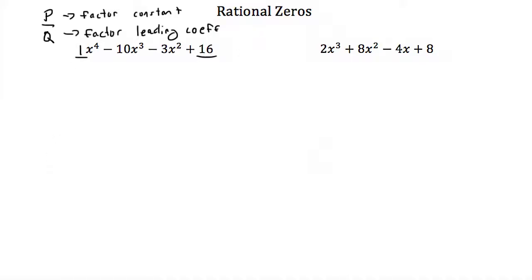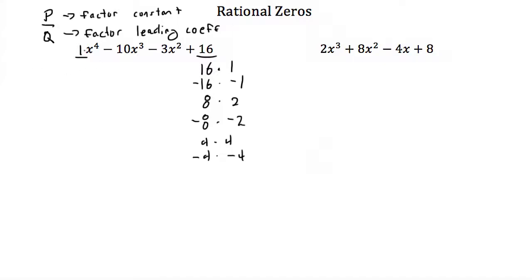Well, 16, we can get 16 by multiplying 16 times 1, or negative 16 times a negative 1. We can also get it by multiplying 8 times 2, or negative 8 times negative 2. We can also get it by multiplying 4 times 4, or negative 4 times negative 4. Those are all the factors of 16.